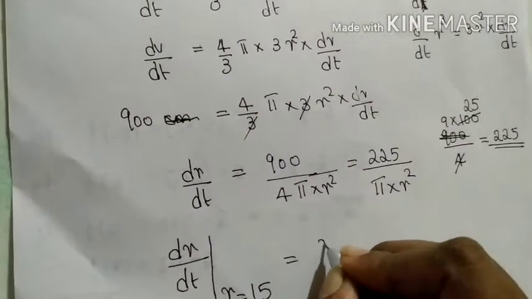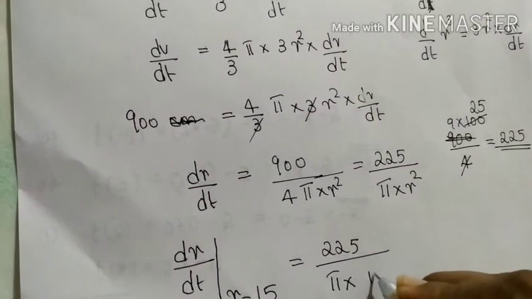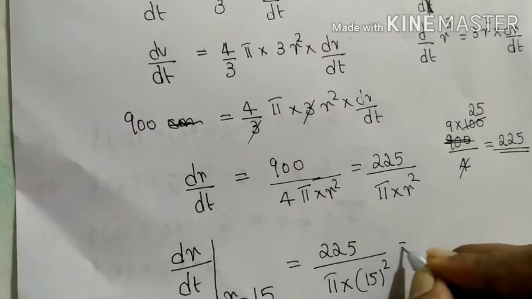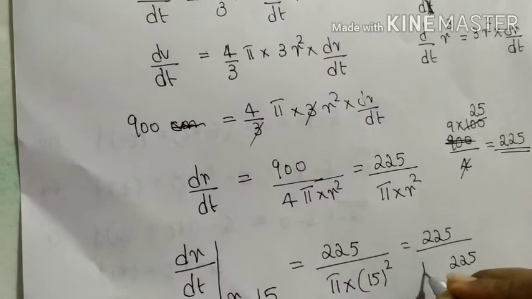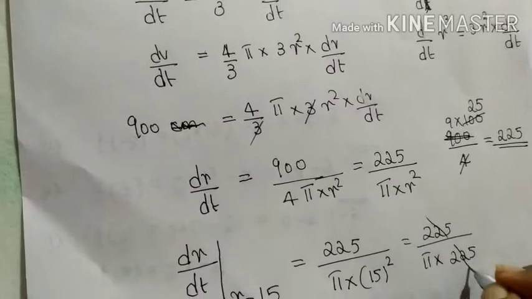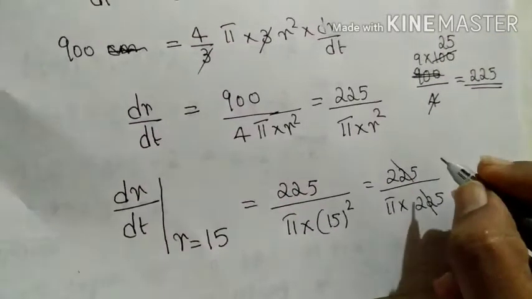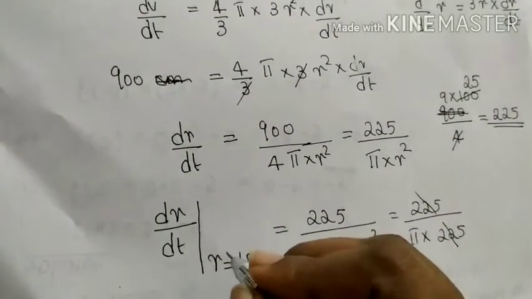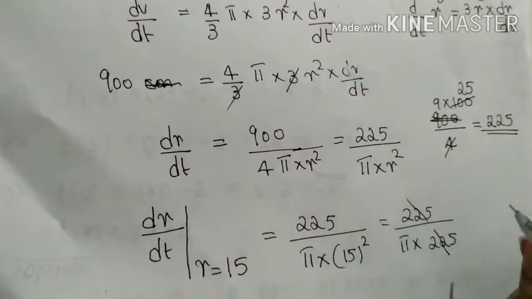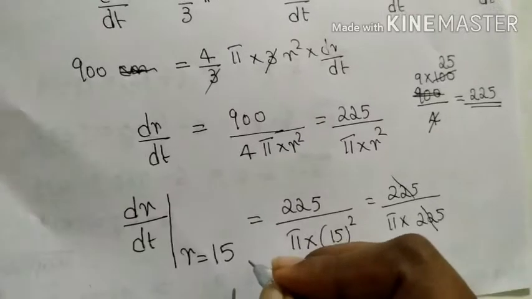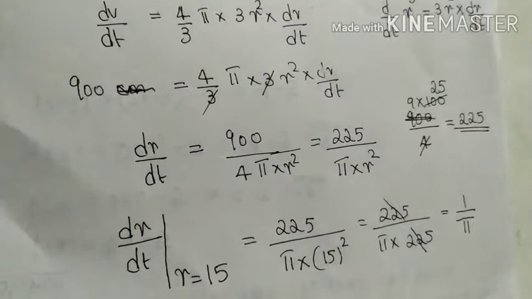So we get 225 divided by pi into 15 square. We know that 15 square is equal to 225. So cancelling these 225, we get our dr by dt, or rate of change of radius with respect to time at radius equal to 15, is 1 by pi.